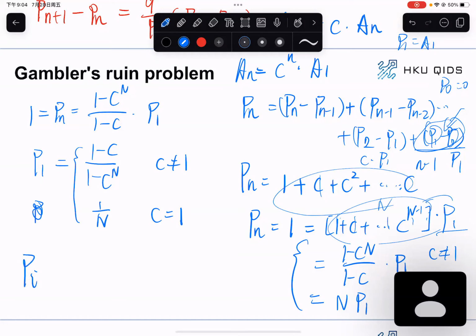And now Pi is just what? If C equals 1, then it's just i over n, for i between 0 and n. And if C does not equal 1, then we simply need to multiply it with C to the i here, over 1 minus C to the n.